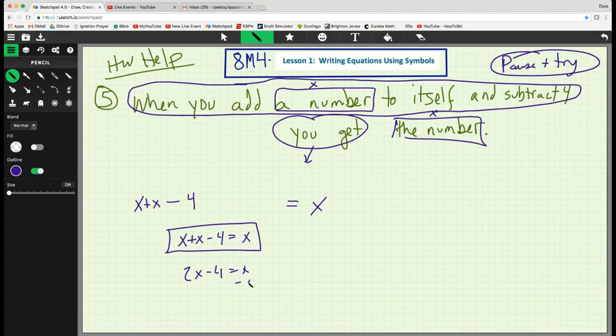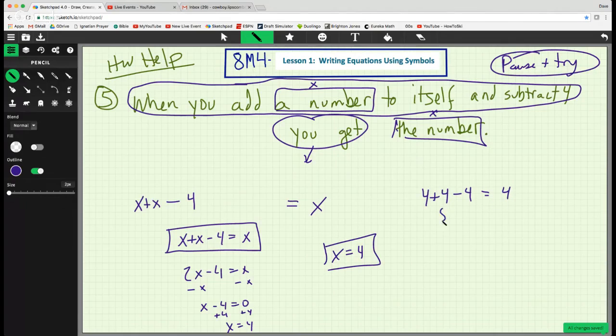I get x minus 4 equals 0. Plus 4, plus 4, x equals 4. Let's see, if I add the number to itself, I get 4 plus 4. Subtract 4, I get the number. Well, 4 plus 4 is 8, minus 4 equals 4. Yes!